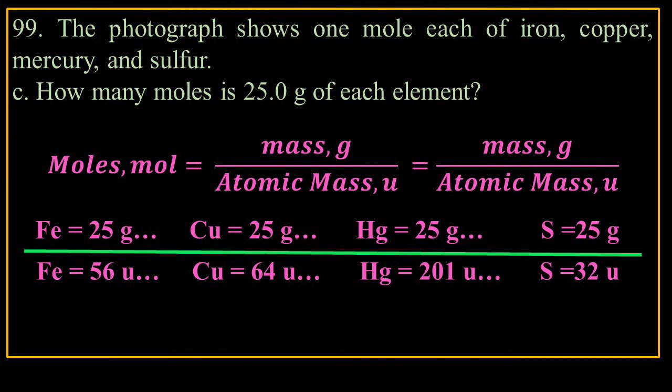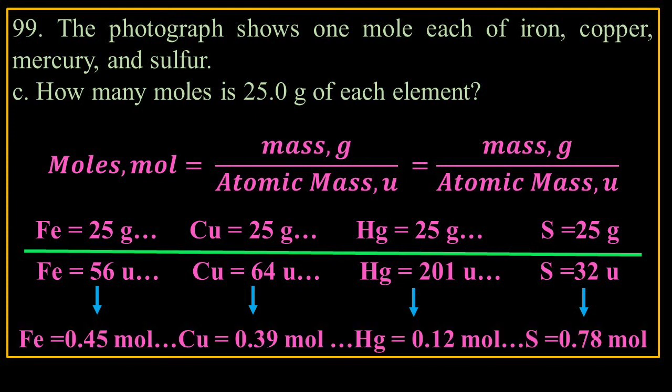So divide, make those quotients. 25 divided by 56, 25 divided by 64, divided by 201, divided by 32, and you get 0.45, 0.39, 0.12, and 0.78 moles, respectively.